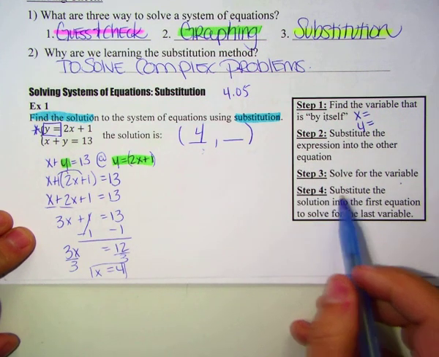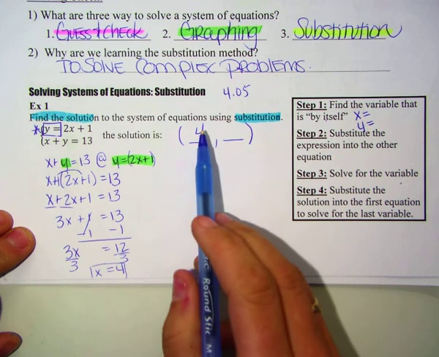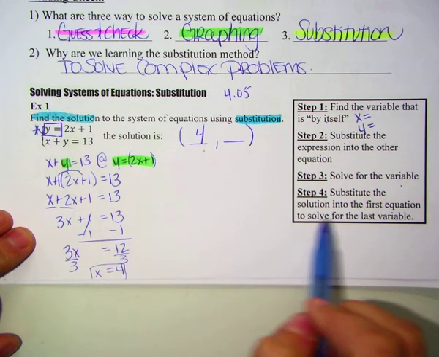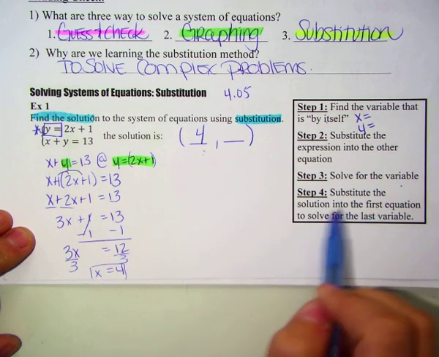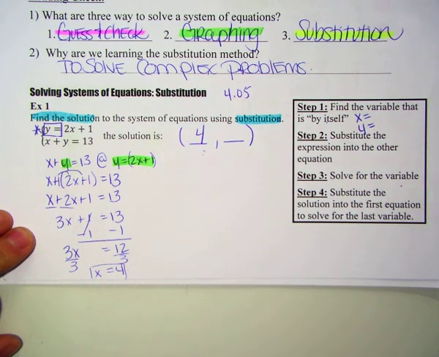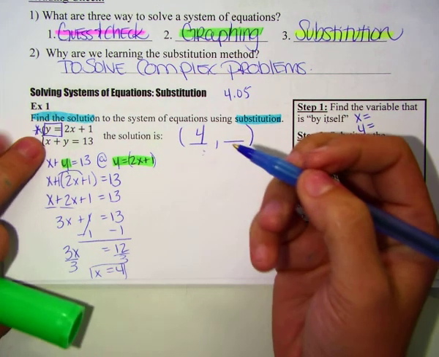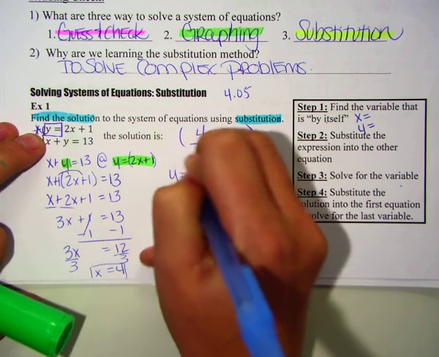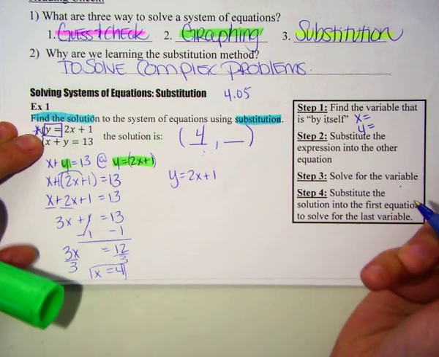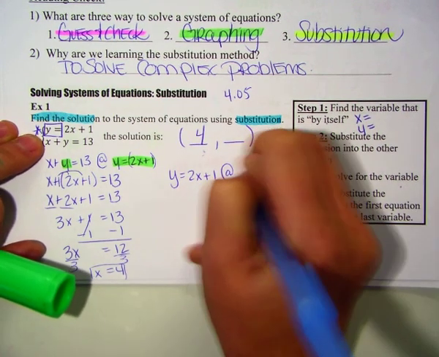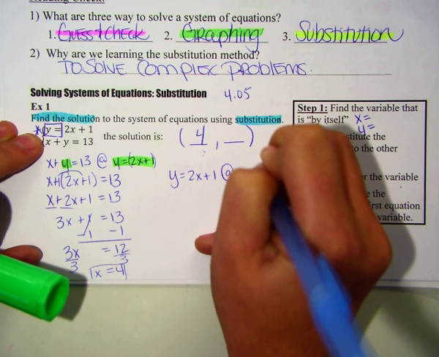Step 4 says to substitute the solution, this one here, in the first equation to solve for the last variable. So we're going to use the first equation, and we're going to solve this at x equals 4.